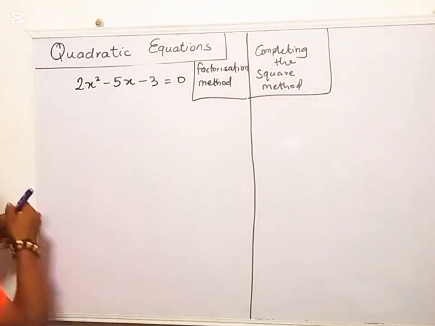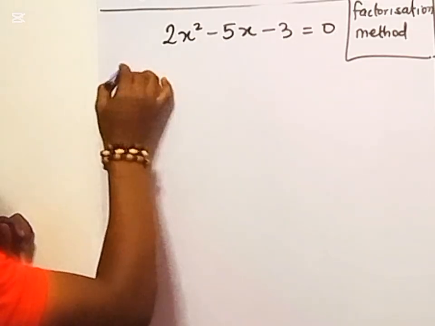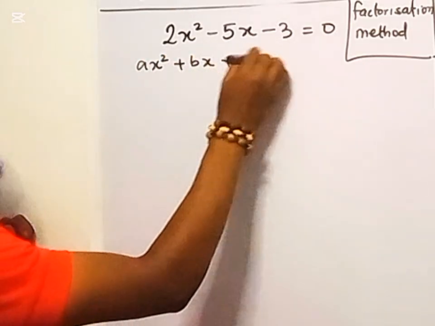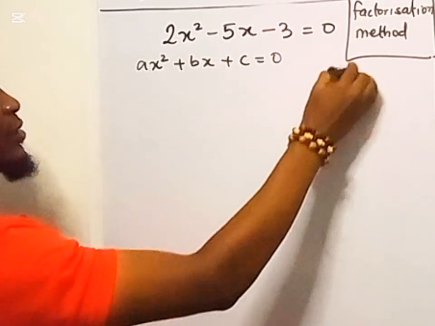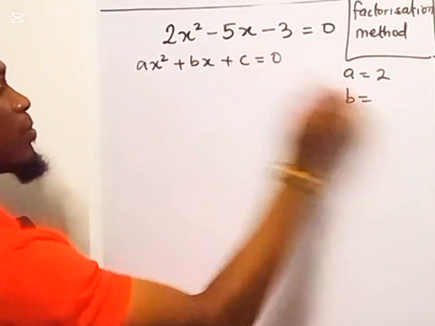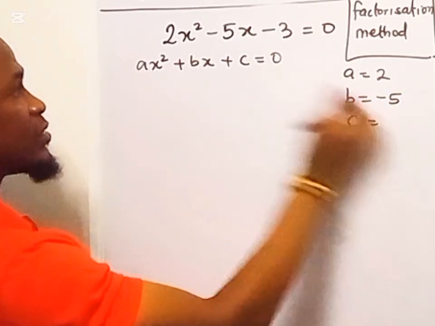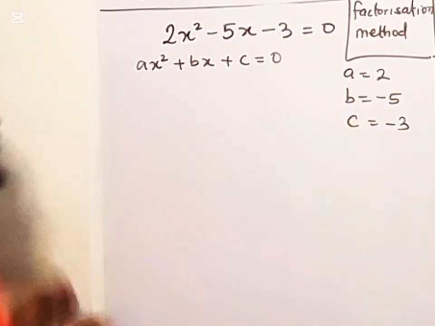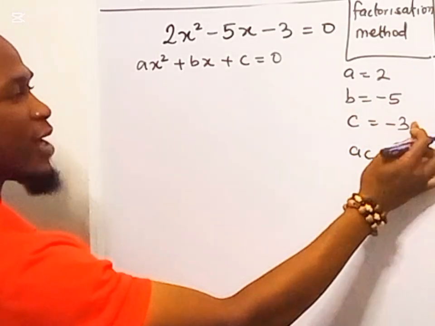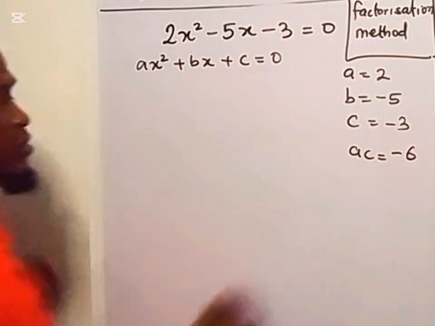So factorization method, here, if you compare it with ax squared plus bx plus c equals 0, I can easily see that my a is what? 2. My b is what? Minus 5. And my c is what? Minus 3. So definitely my ac is 2 times minus 3, which is minus 6.